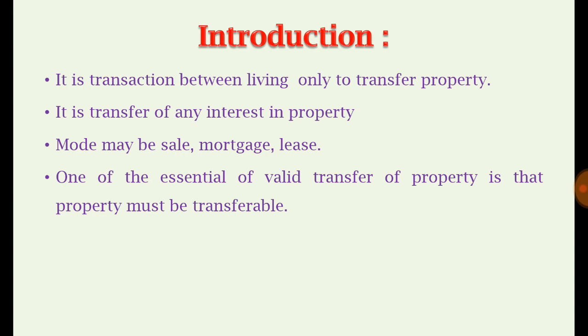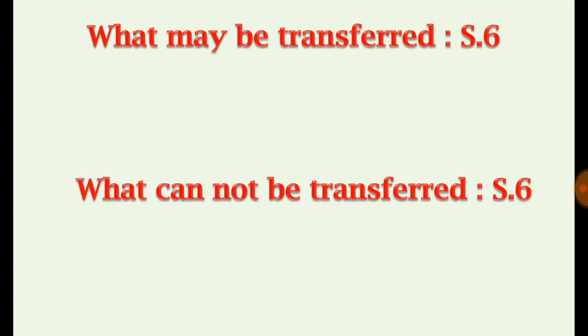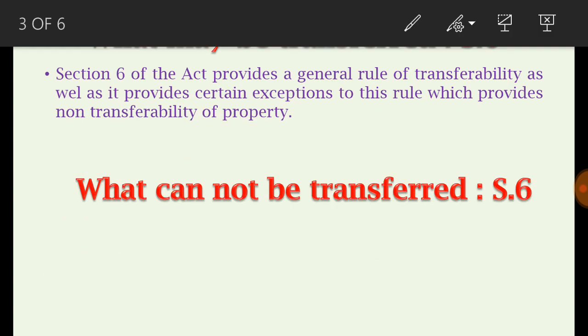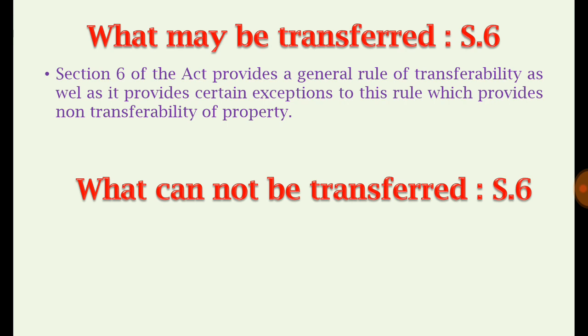So in this lecture we are going to discuss the transferability of property: what properties can be transferred and what properties cannot be transferred. Section 6 of the Act deals with the transferability of property, and it provides two things.